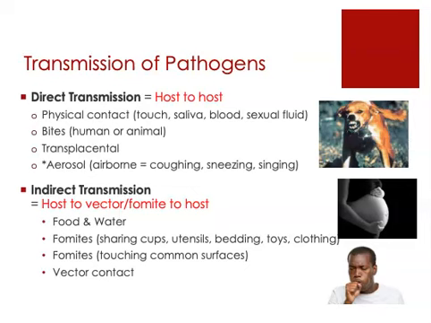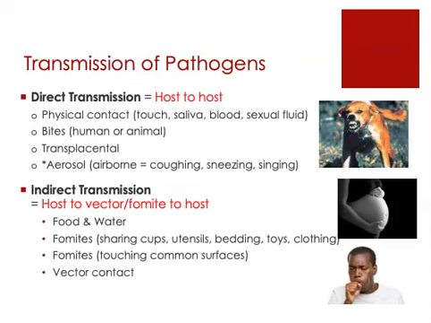Now, some examples of indirect transmission. Some pathogens are transmitted through food and water. So the host that is infected with the pathogen contaminates the food, contaminates the water, and then that food or water is consumed by the next host organism who becomes infected.